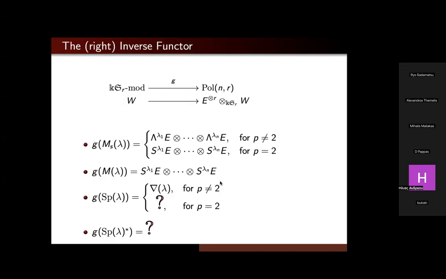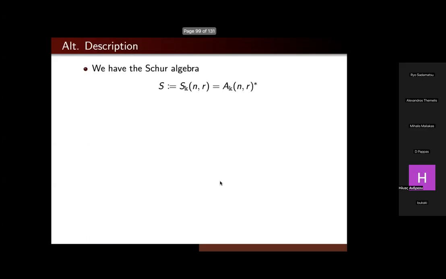The reason for this is that the dual of the Specht model in characteristic 2 is again a Specht model. It's not the same Specht model, but it's again a Specht model. So if you knew what is the G of the dual Specht model in any characteristic, you would know what is the G of the Specht lambda in characteristic 2 for free. Cool. So what do we have?